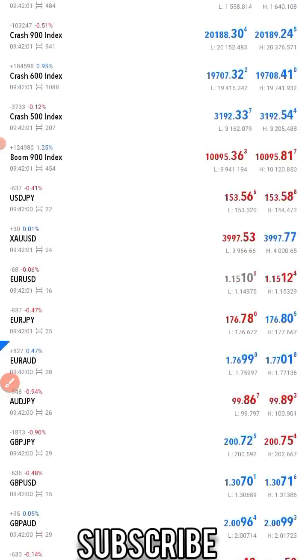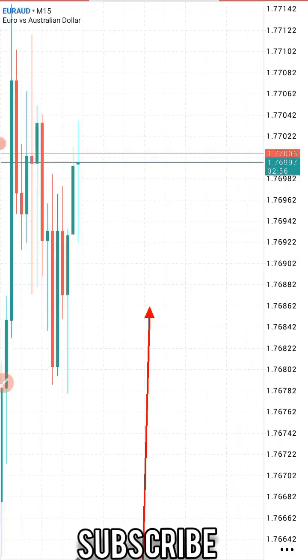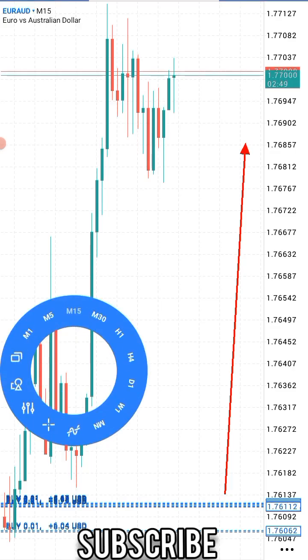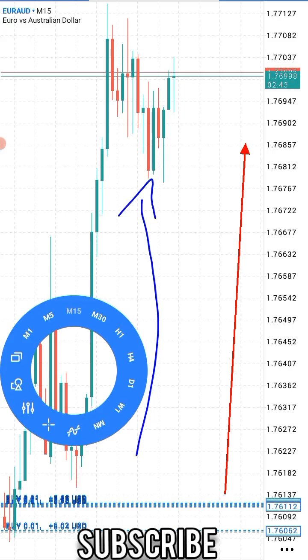For example, look at this trade that we are in now. Euro AUD. It's telling us that euro has been strong. That's why we went for a buy. You get it? Euro, as of now, is 1.76988 against AUD.